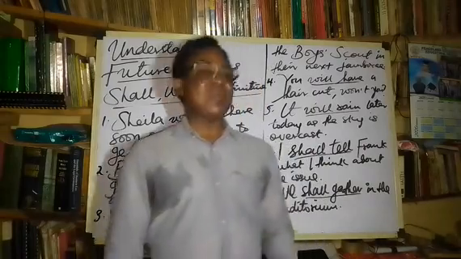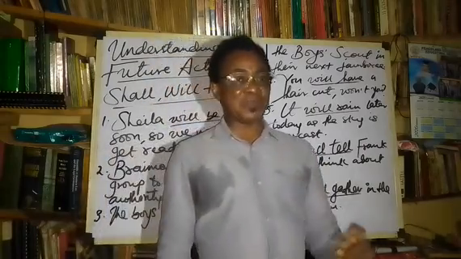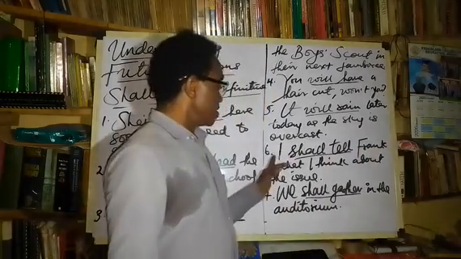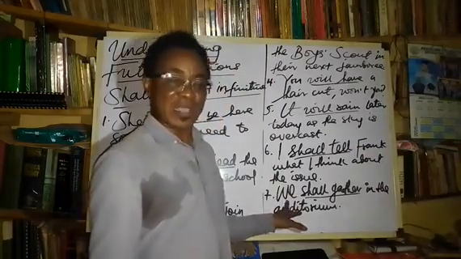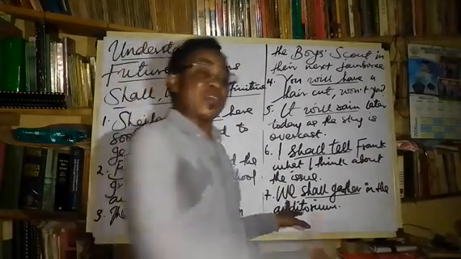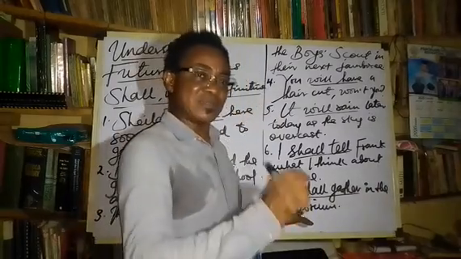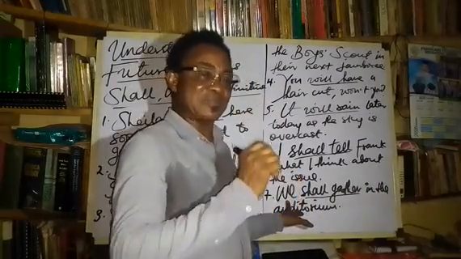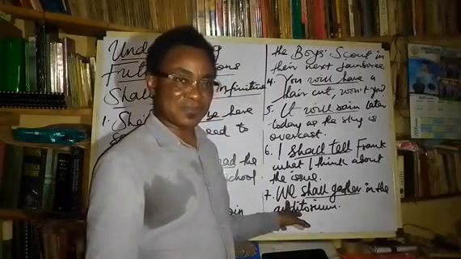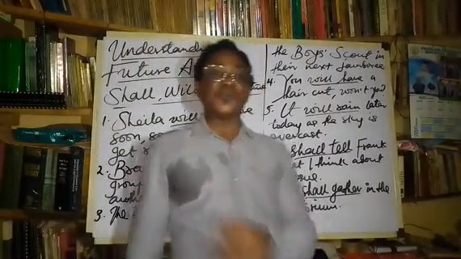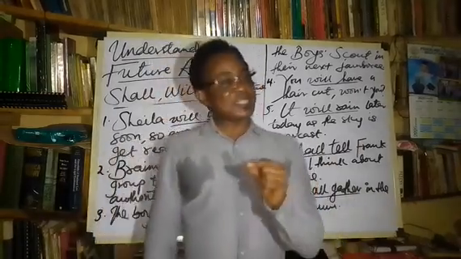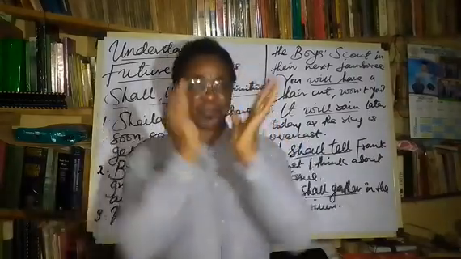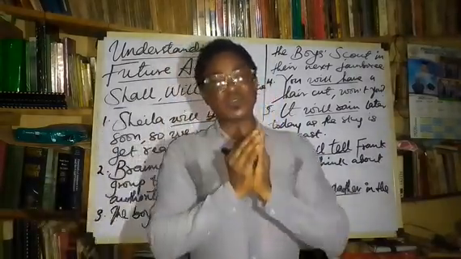Good. And in that example of such an event, shall goes with I and we. With the other pronouns or subjects, will is taken, but not shall. Good. Now, for all the pronouns, will is used when there is a promise, when there is a commitment to do something.